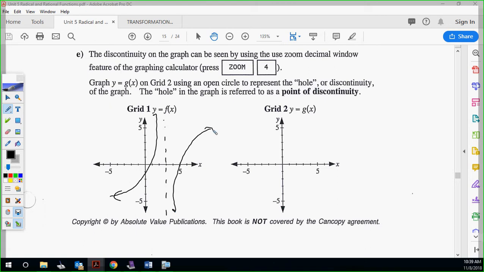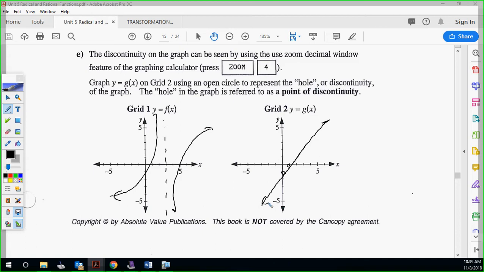And then our y equals g of x is, let me see here, minus 1. Like this, and we're going to talk about the whole part. So that's what that graph looks like.